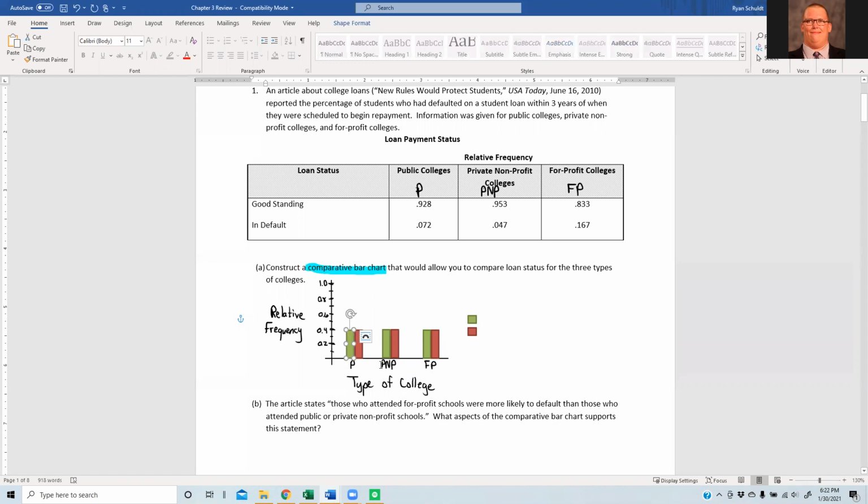So since I'm grouping by colleges, types of college, I should say, I'm going to use green to be good standing. So green over here is good standing.